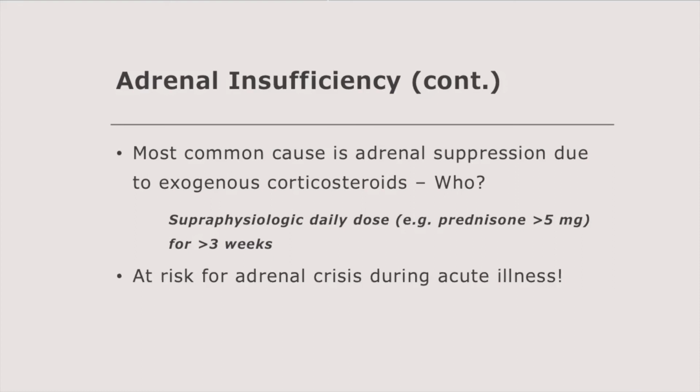And these folks are at risk for adrenal crisis during acute illness. So in this case, though, a little bit different situation. He's not suppressed from his steroids, right? He doesn't make steroids because of his autoimmune adrenal insufficiency. So he similarly is not able to mount a cortisol response during stress.